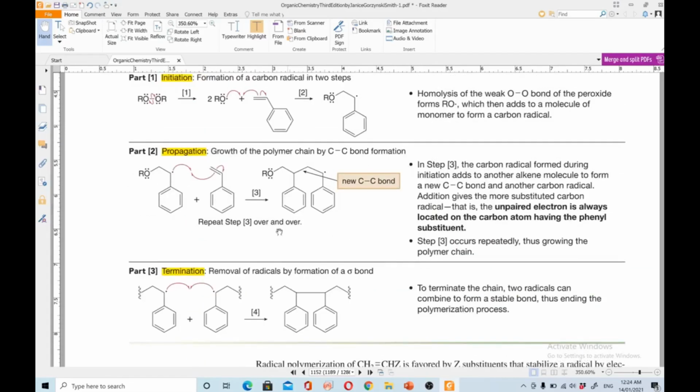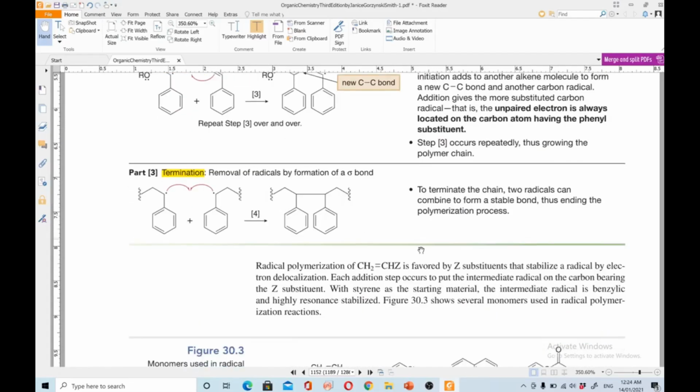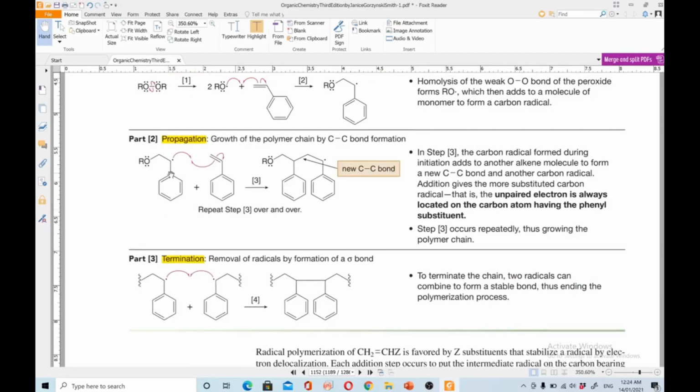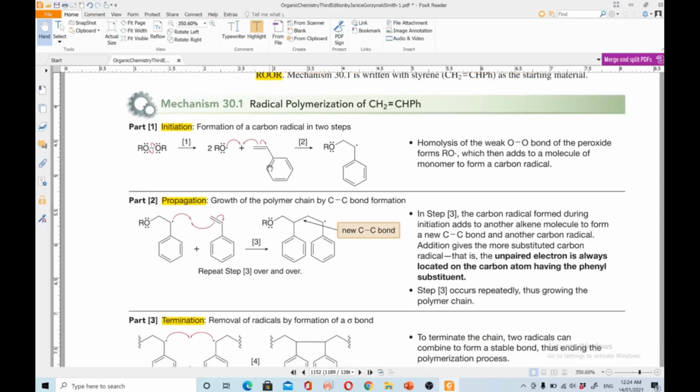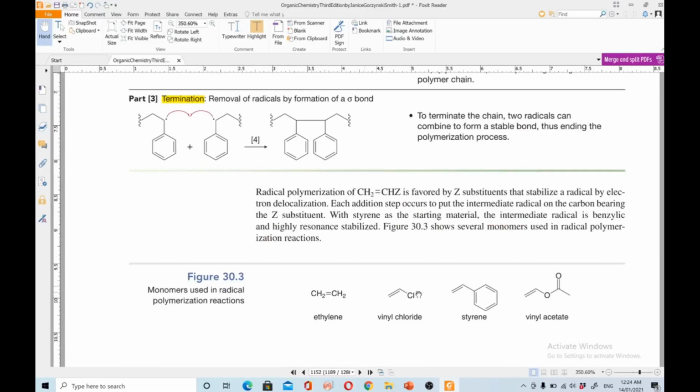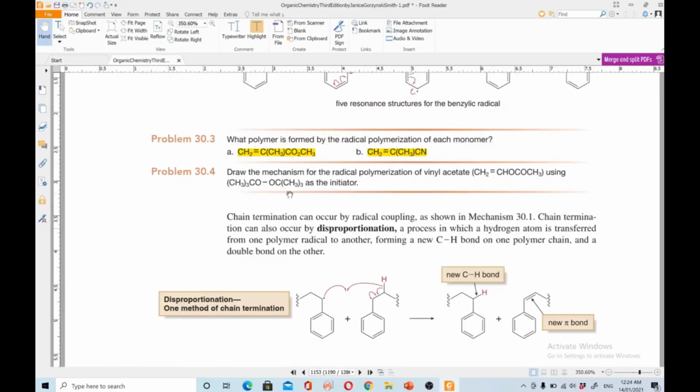For example, styrene was the monomer, and this is the polymer that is formed from styrene. So follow the same mechanism, just replace styrene with these monomers. You can use these ones as well, or you can use the questions given in this problem. Problem number 30.4.